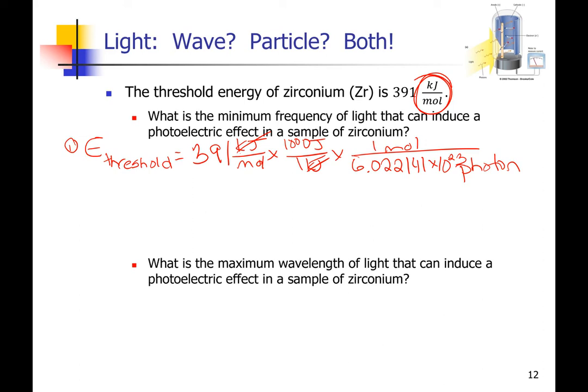And so our moles cancel, and that gets us a threshold energy of 6.49 times 10 to the minus 19 joules per photon.